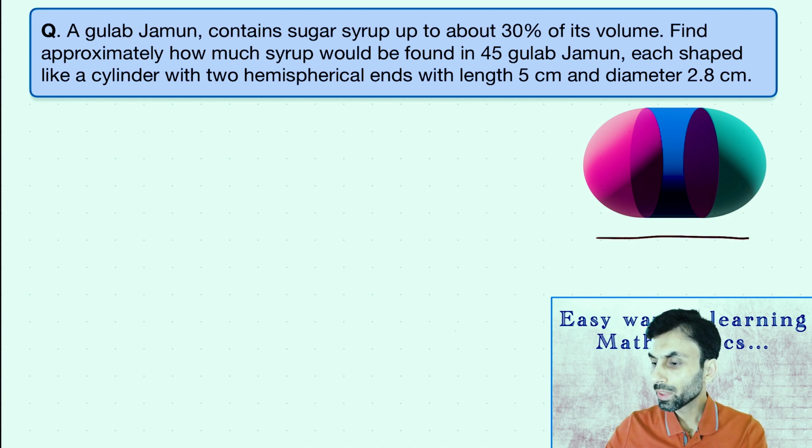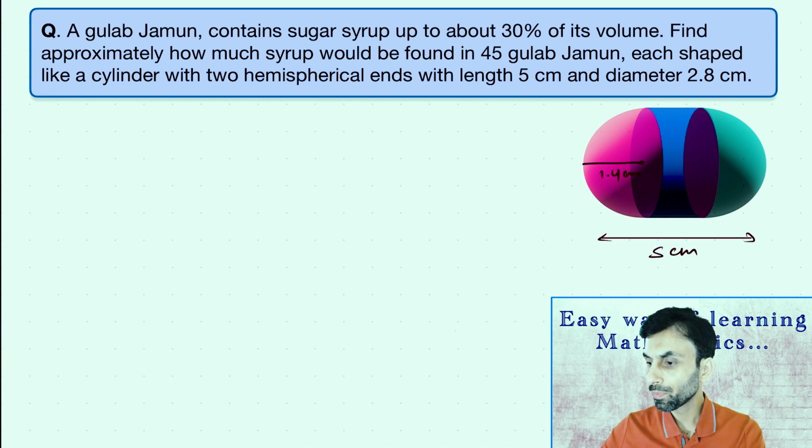In this case, the length of the gulab jamun is 5 centimeter and it is given that the radius is 1.4 as diameter is 2.8. So radius of the other end will also be 1.4 centimeter.